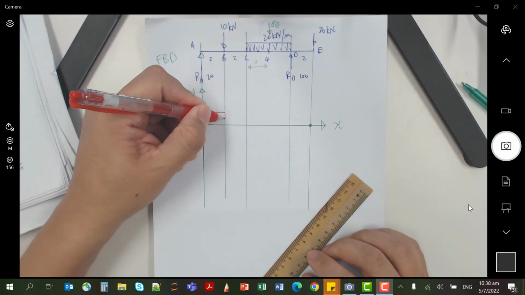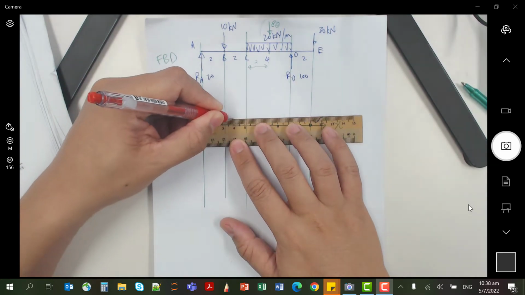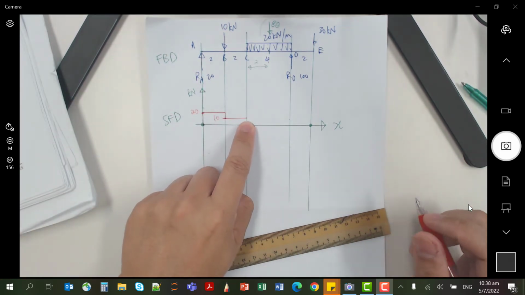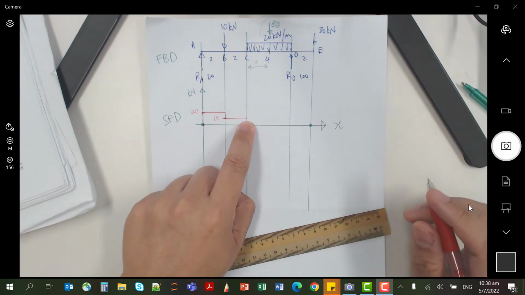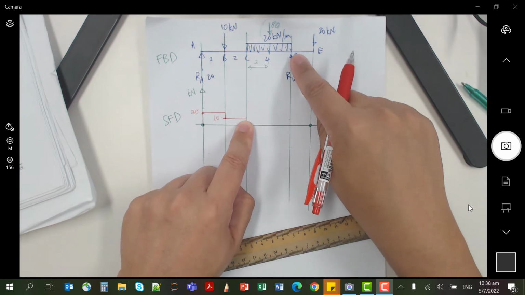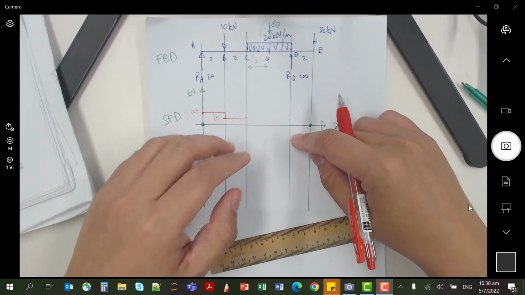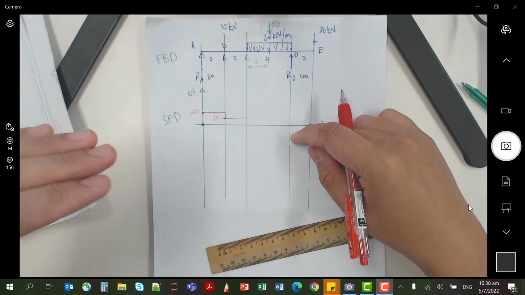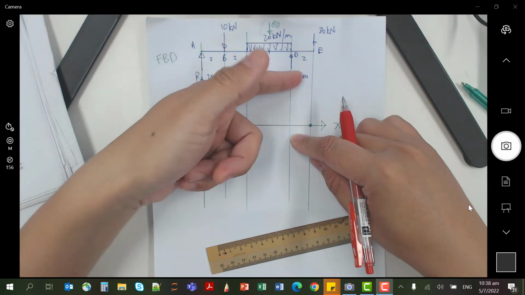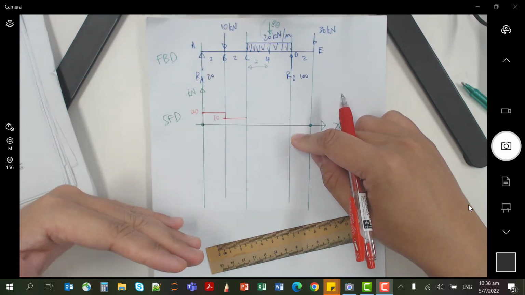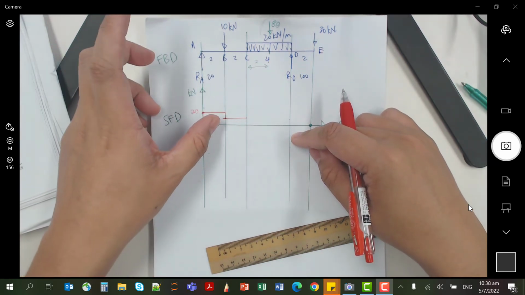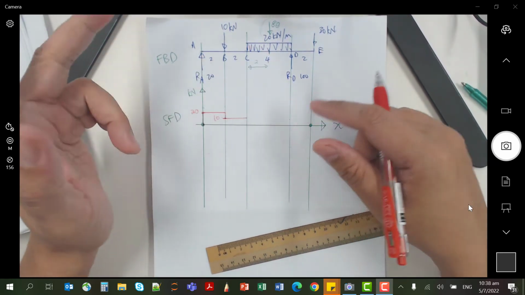10, and it will be constant again until I reach C. So here is still at 10 kilonewton. From C to D, I'm going to gradually get pushed down slowly, more and more. For every meter I travel to the right side, I will get pushed down by 20, 20, 20, 20, until I push down by a grand total of 4 times 20, which is 80.